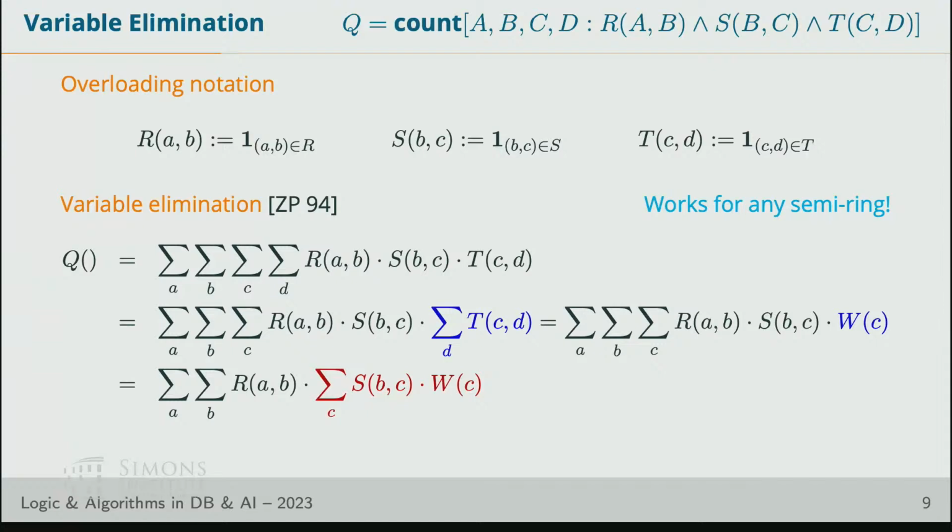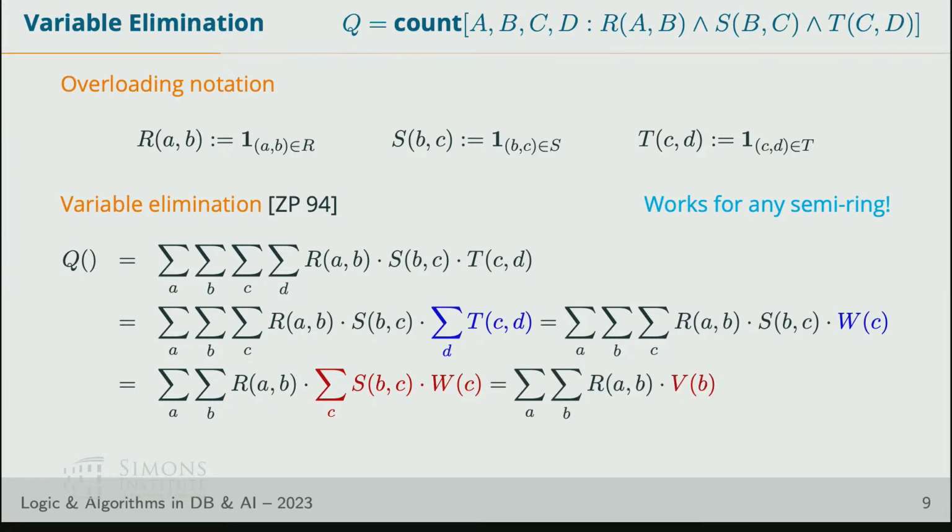This subquery can also be done in linear time, because all we have to do is scan over S for every BC, do a lookup into the degree of C, and sum it over. Because we are summing over C, we do this for every B: for every B, just scan over all of the Cs and sum up the degrees of the C vertex. So that's linear time again.